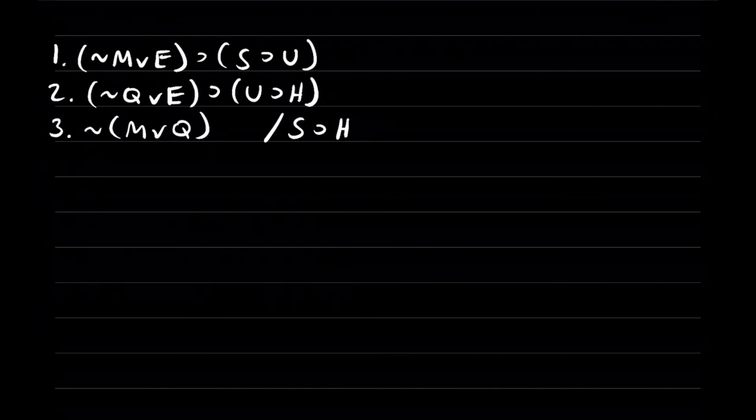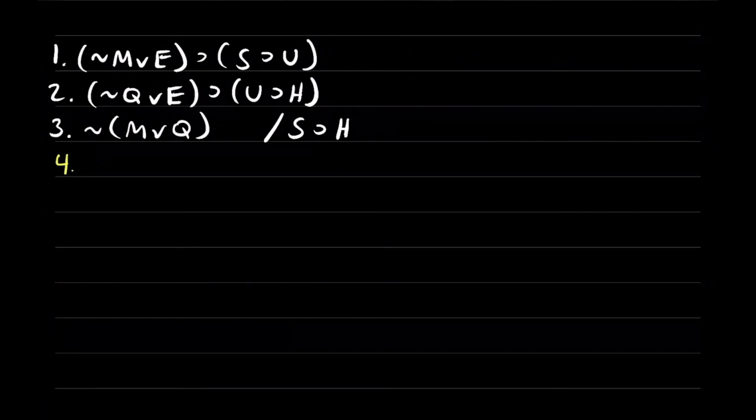We've got a conditional in line 1. If not M or E, then S implies U. Line 2 says, if either not M or E, then U implies H. Line 3 tells us it's not the case that M or Q, and we're trying to get S implies H. I only see one really obvious starting point here, and that is what I'm going to do first.